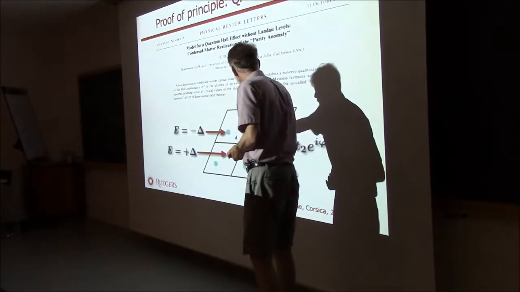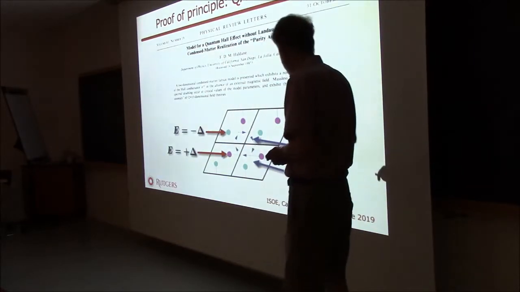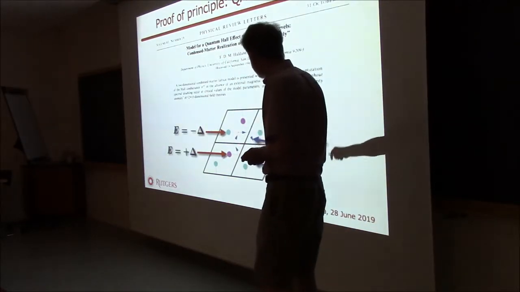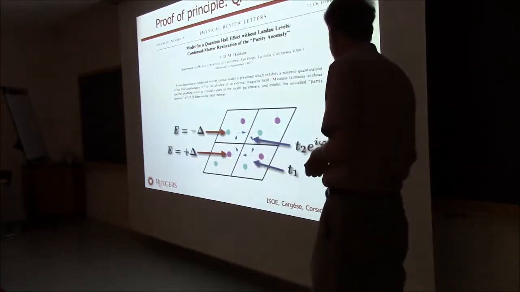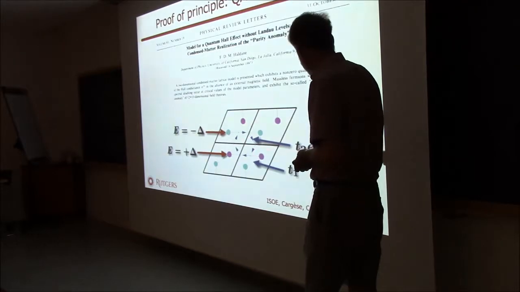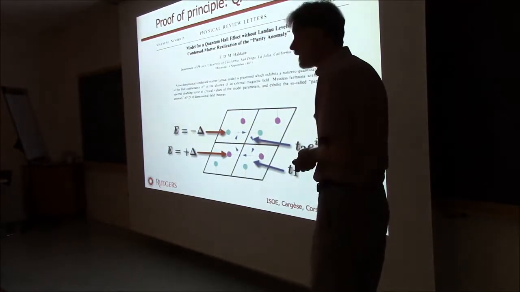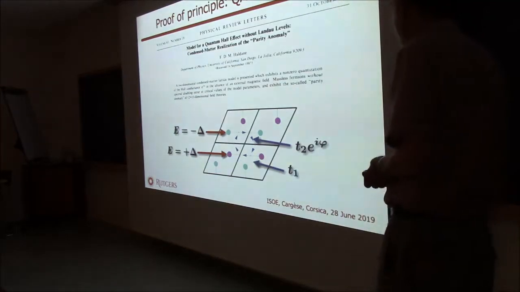The projector is making these a little hard to see. There are first neighbor bonds that are hoppings, and there are second neighbor bonds that have arrows on them. The reason they have arrows is the first neighbor bonds are real, and the second neighbor bonds are complex: the ones that go in this direction have e to the i phi, and the ones that go in the other direction have e to the minus i phi.